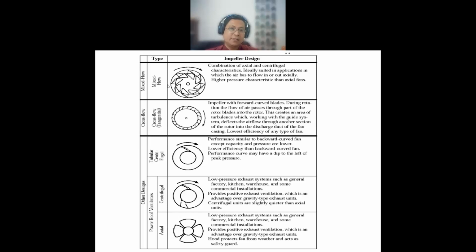So the first one we can see is the mixed flow. You can choose this one, and for cross flow you can choose this one, and then turbulence this one. So it depends on the application and the condition when you implement the HVAC system. Okay, the mixed flow is a combination of axial and centrifugal characteristics, ideally suited to applications in which the air has no flow in or out axially. Higher pressure characteristic than an axial fan.